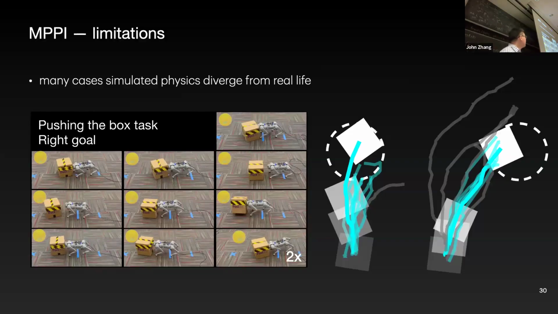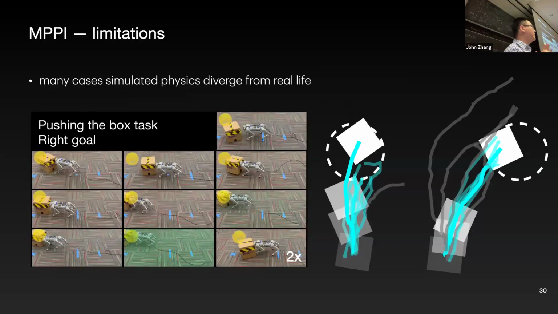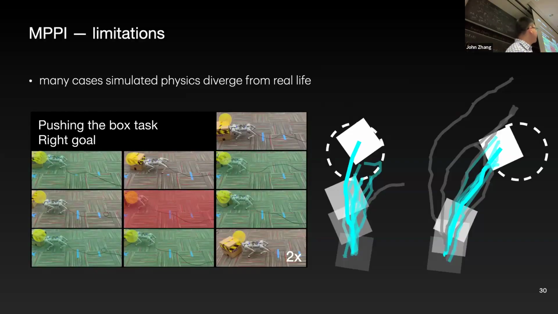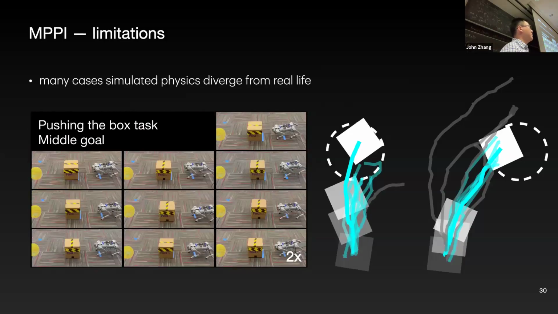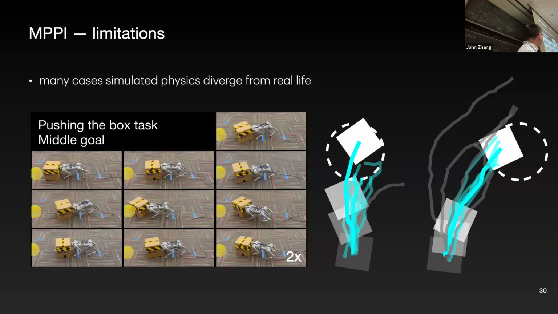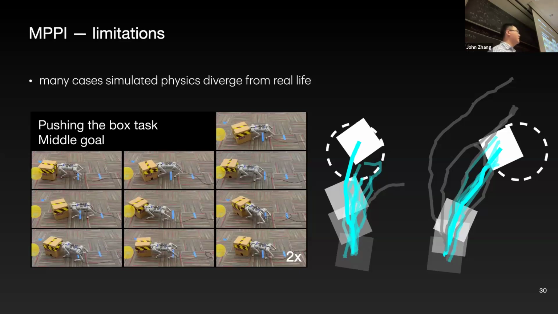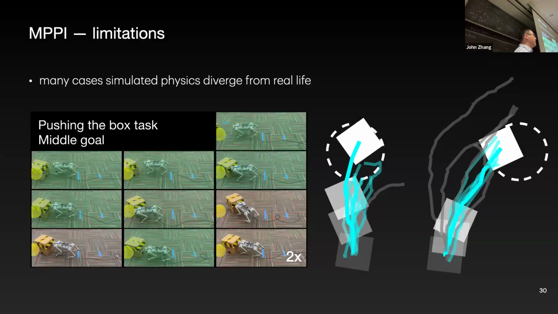I would say we're pretty good at this point at simulating point to surface contact, but some of the more interesting sliding behaviors and collisions with weird geometries, I would say we're not quite there yet. In particular, in the second task, we're asking the robot to slide the box across the floor, not just push it forward, and there the sim to real gap ends up being much bigger.